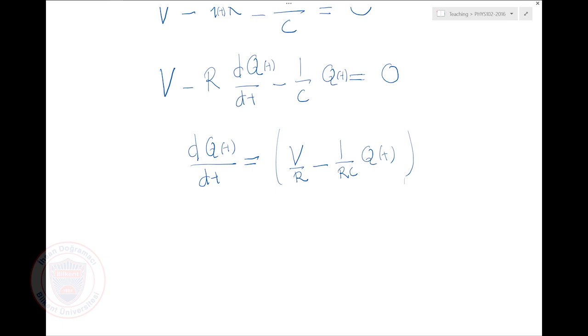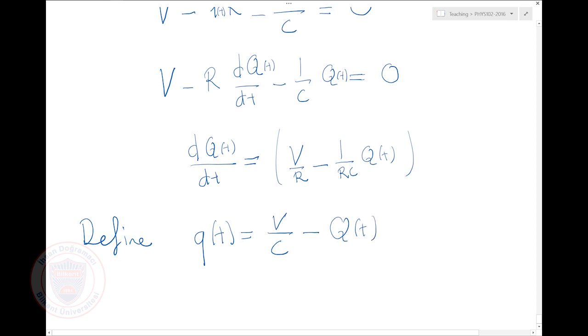So I'll do the following. I'll define a new variable. Define small q of t as V over C minus Q of t. Can I do that? Why not?